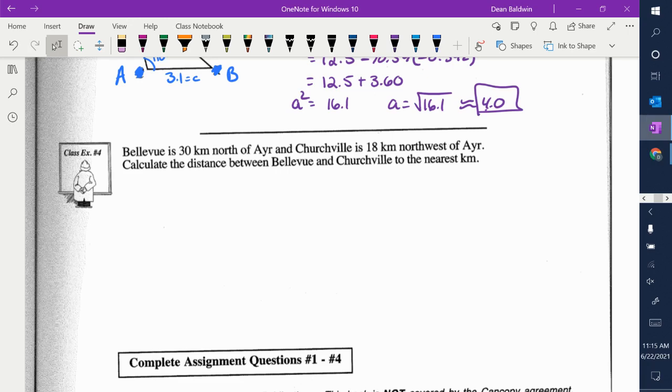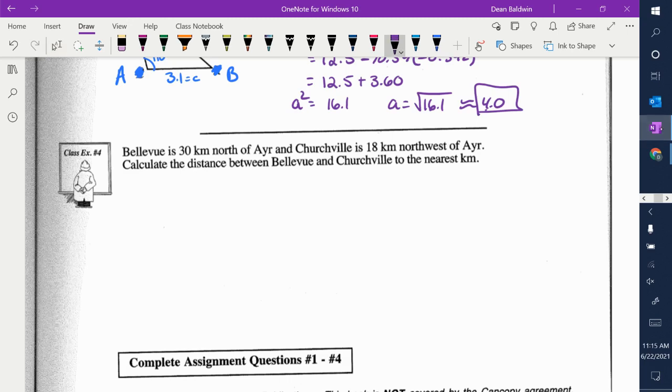Okay, whatever. The B city is 30 kilometers north of Ayer and Churchville is 18 kilometers northwest of Ayer. Calculate the distance between B and C. There we go.